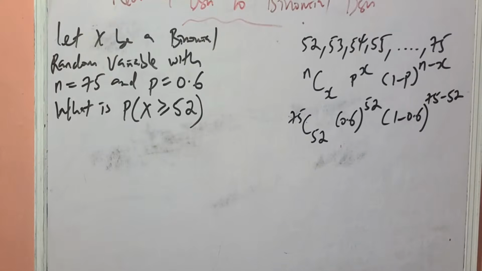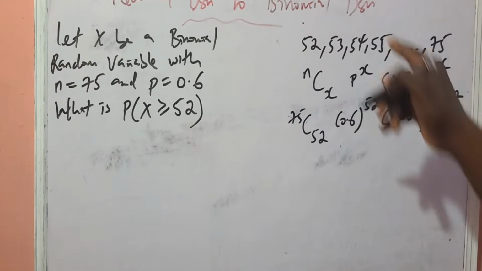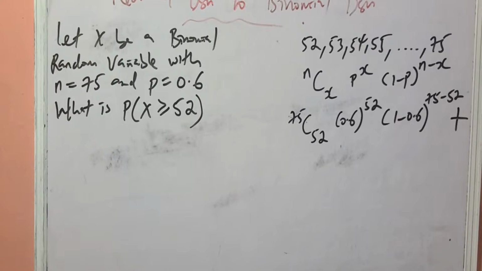You want to solve for this, and when you're done, you'll be adding the values with that of 53. You do for 53, do for 54, up until you go to 75. So that's the process you will have to run through if you had to use binomial.